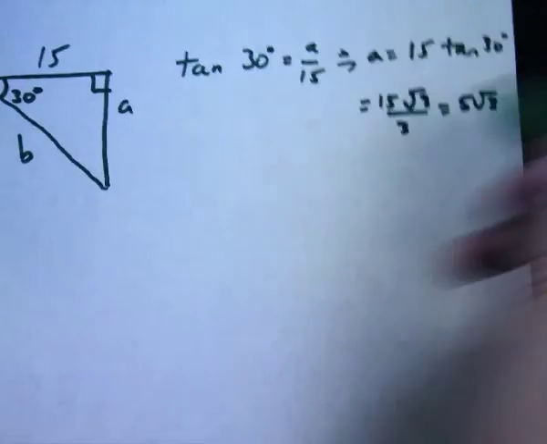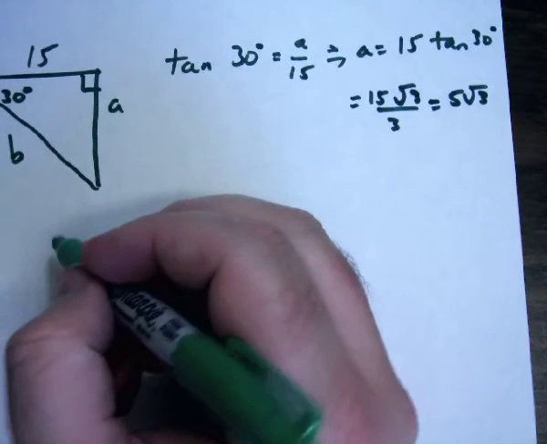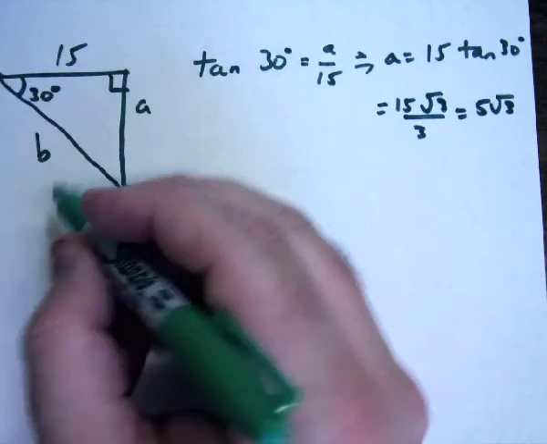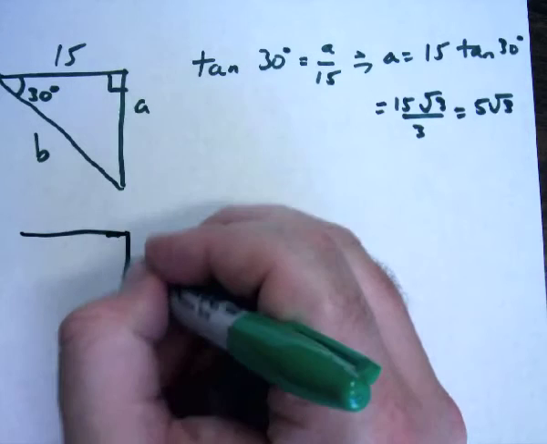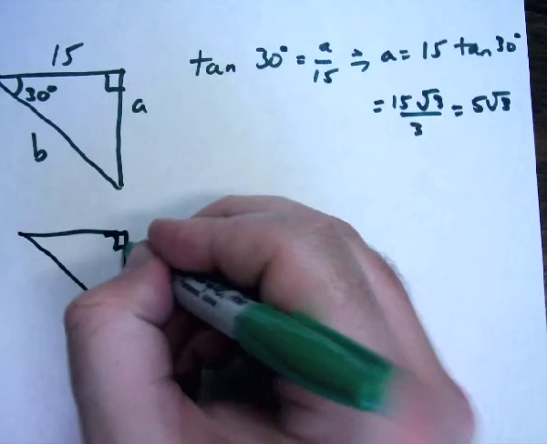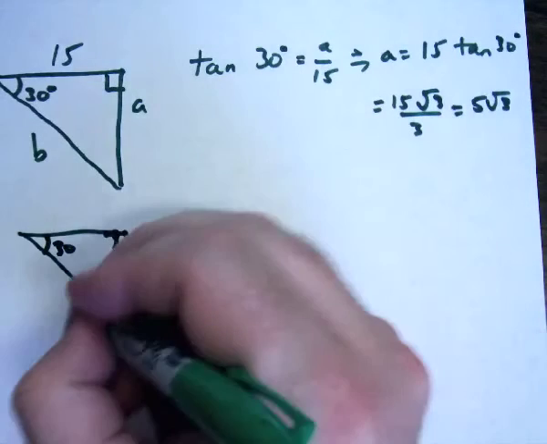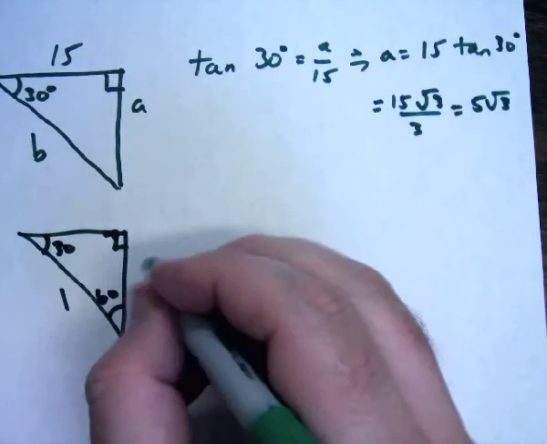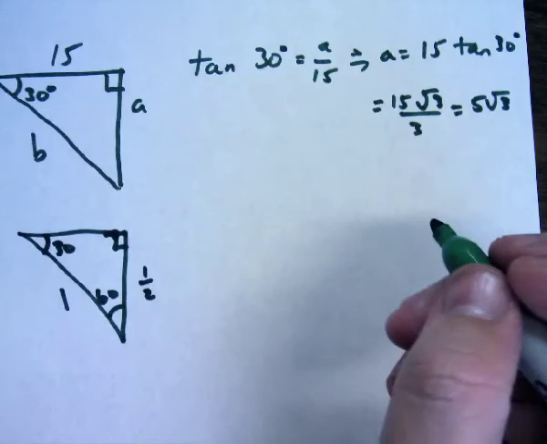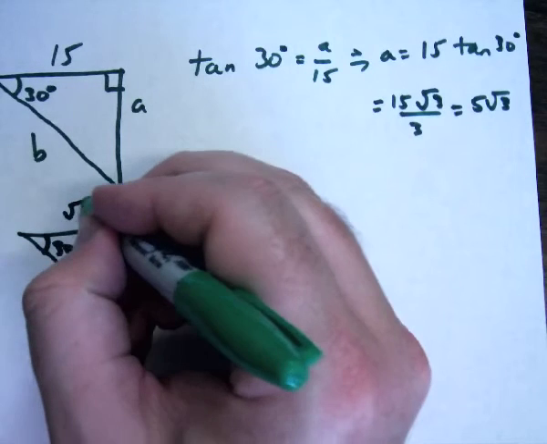Another way to do it would be to draw this triangle, and once again we have a 30, and then this is 60, and we know the hypotenuse is 1. We know that across from the 30 is 1 over 2, and we know that this is root 3 over 2.